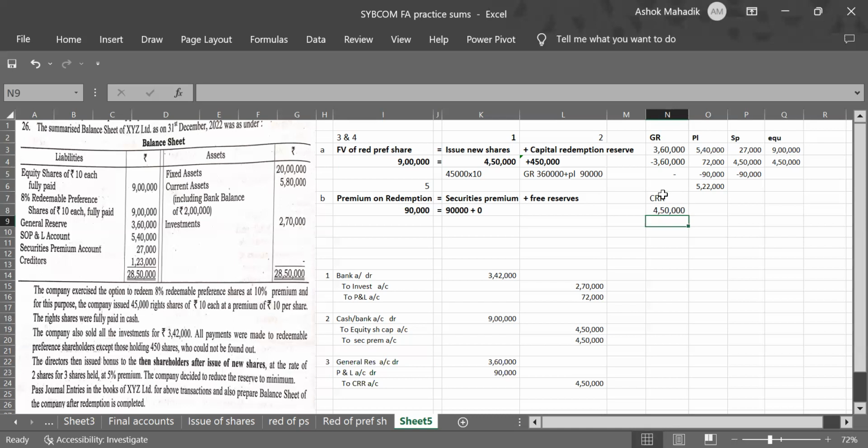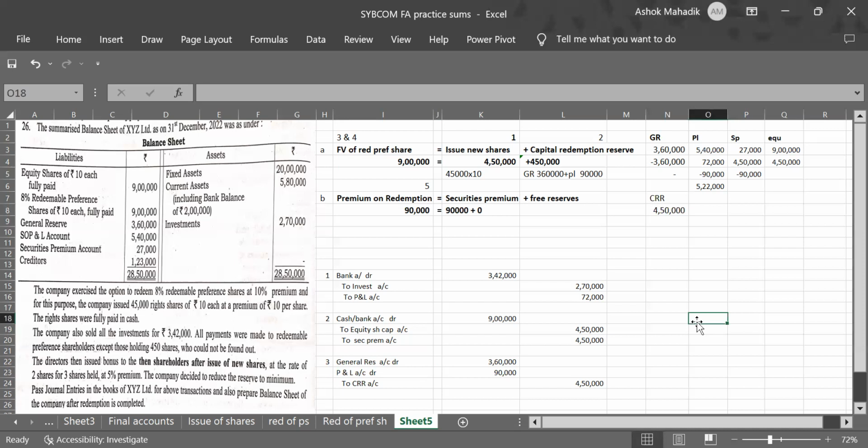So I'll just repeat all the entries once again. First we made equations. Face value of redeemable preference shares is in lakhs. We are repaying preference capital at a premium of 10%, that is premium on redemption, so 90,000. Now let us complete the first equation. Either we have to make a fresh issue or create CRR. The total should be at least 9 lakhs.